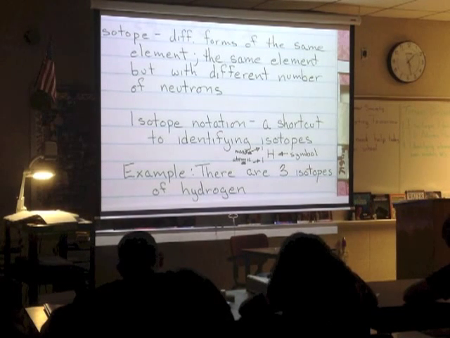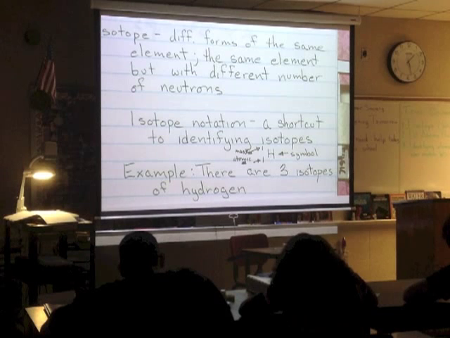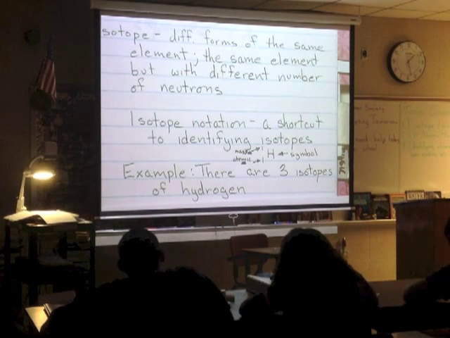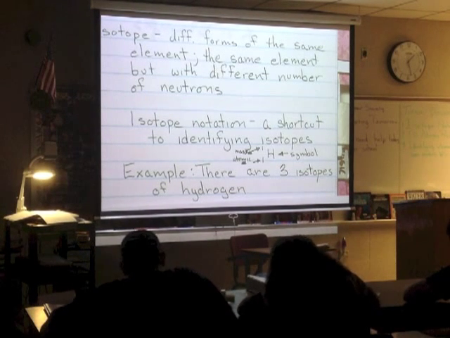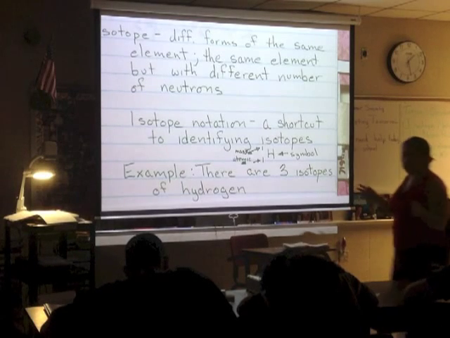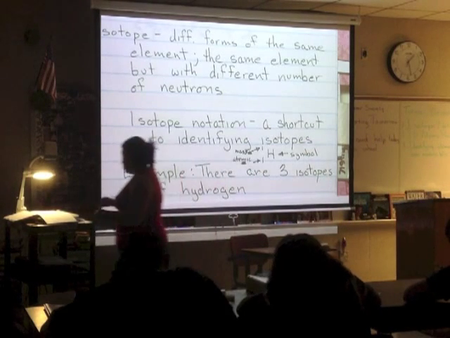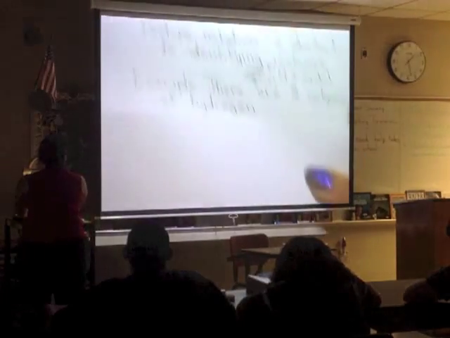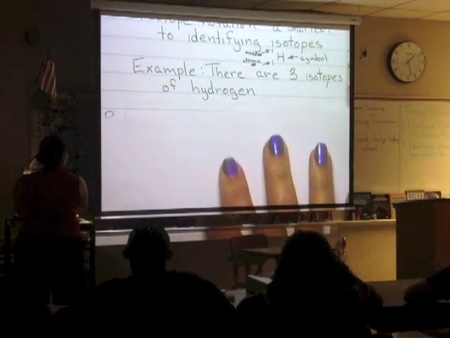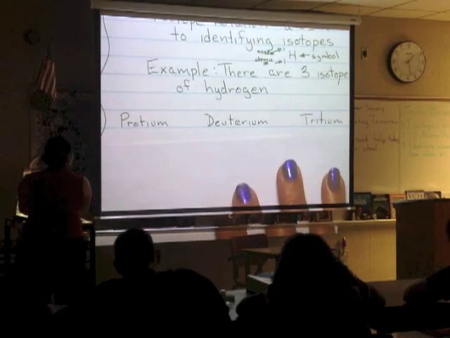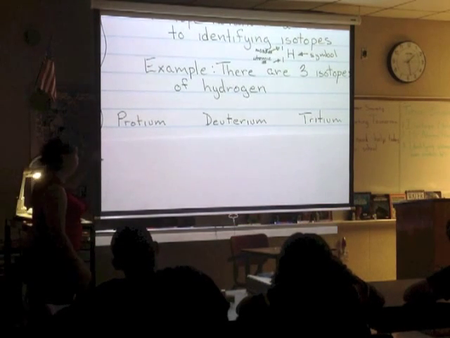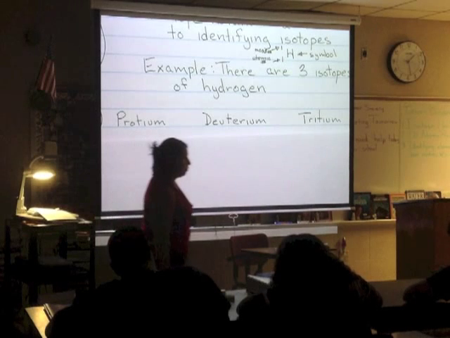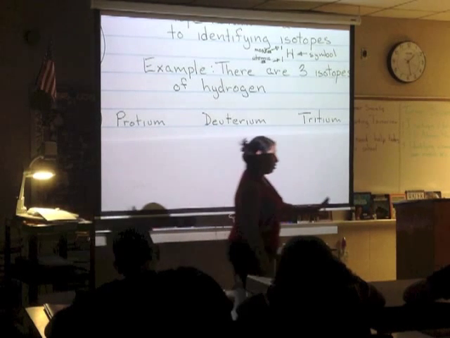You do not have to memorize the names of the hydrogen isotopes, but I wrote them just to refer to them. You won't have to memorize any isotope names, but it was just something that I wrote in because it makes sense to do so. So the 3 isotopes of hydrogen are called protium, deuterium, tritium. All 3 of those are hydrogen.